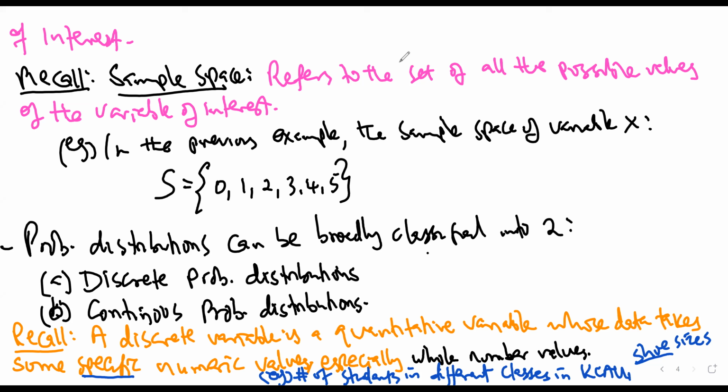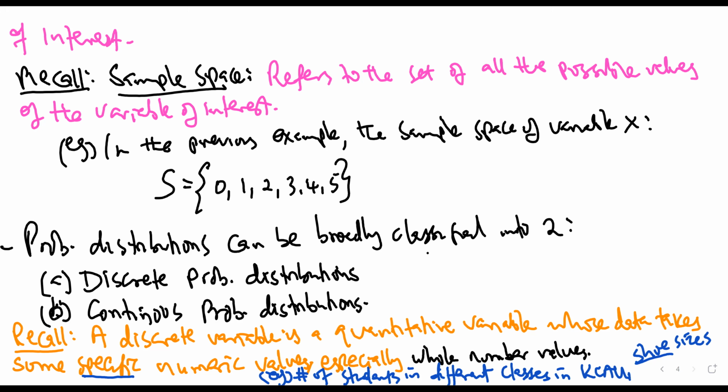Then on the other hand, we can say that a continuous variable is a quantitative variable whose data takes any numerical value within a given interval. That means it takes both whole numbers and also fractional numbers. So that's the difference between a continuous variable and a discrete variable.